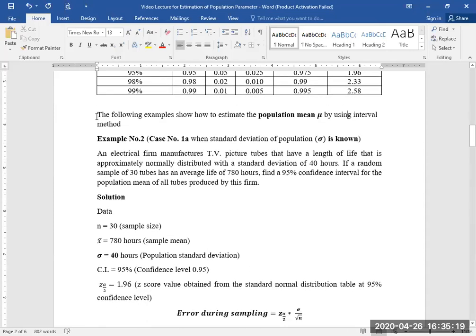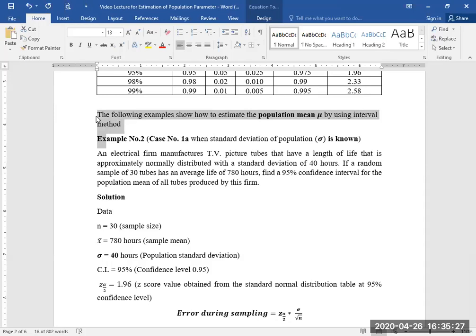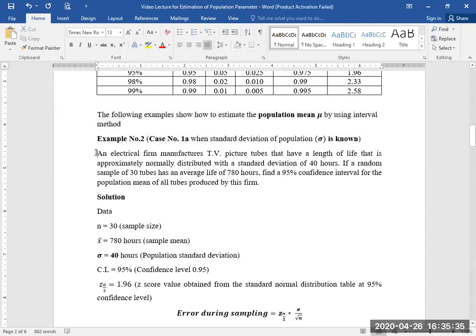The following examples show how to estimate the population mean mu by using the interval method. Example number 2, case 1a, when the standard deviation of a population is known. An electrical firm manufactures TV picture tubes that have a length of life that is approximately normally distributed with a standard deviation of 40 hours.